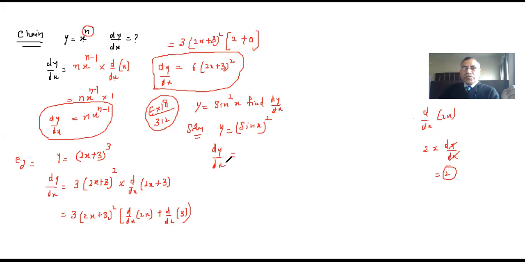Derivative of dependent variable with respect to independent variable. Whenever we do differentiation, we always do the differentiation of dependent with respect to independent. Here x is the independent variable, but y depends upon the value of x. So it is differentiation of dependent with respect to independent.